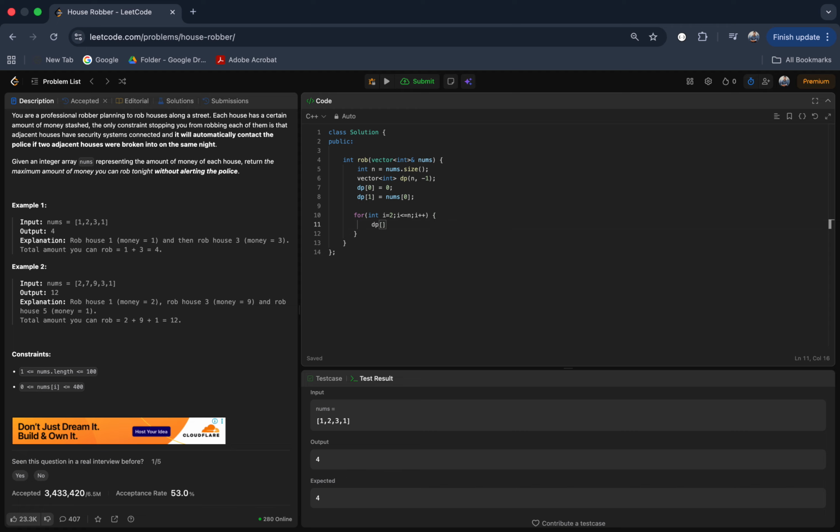Then I can calculate dp of i is equal to the maximum of, if I take it, nums of i minus 1. Why am I taking i minus 1? Because here dp of 1 represents we are taking from nums of 0. So dp of 0 has our initial condition as 0. Why did I write this 0 also?